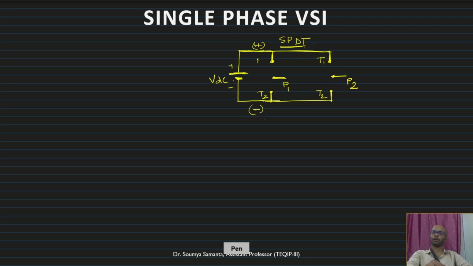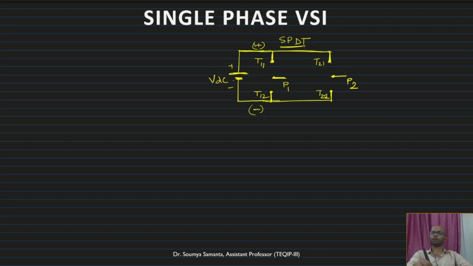Now if I simplify this one, this will be T11 and this will be T12. So throw 1 for first switch. Now this will be T21 and this will be T22.